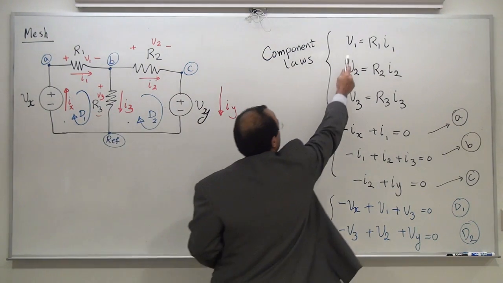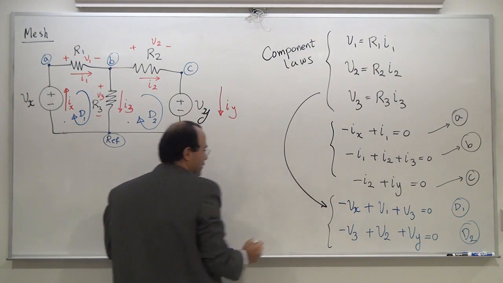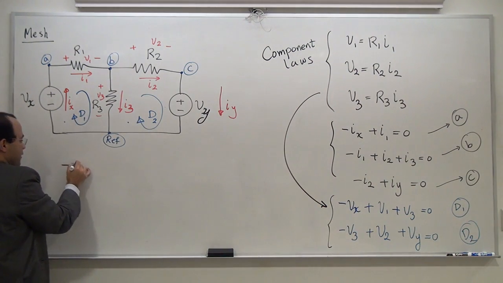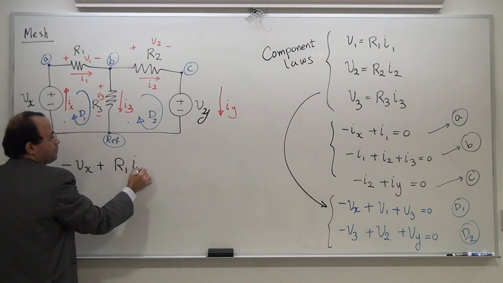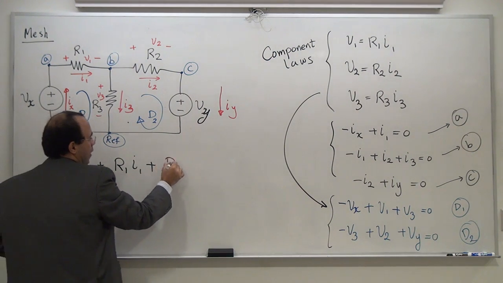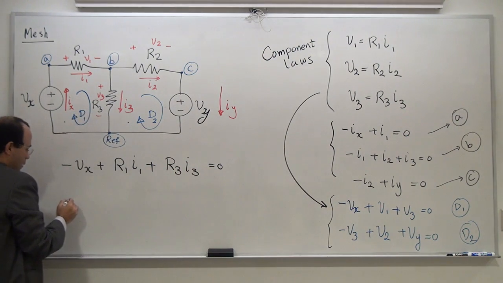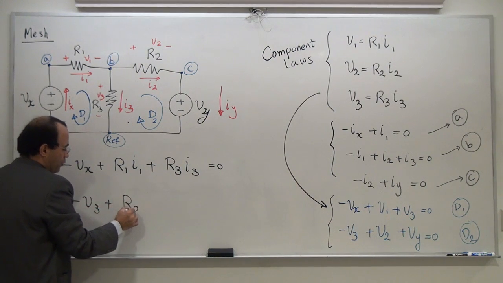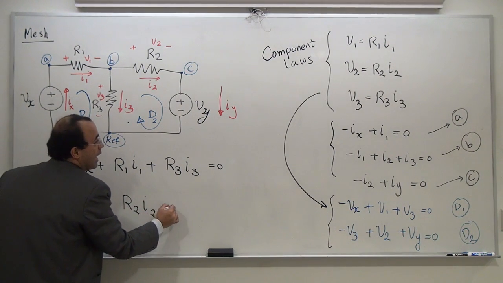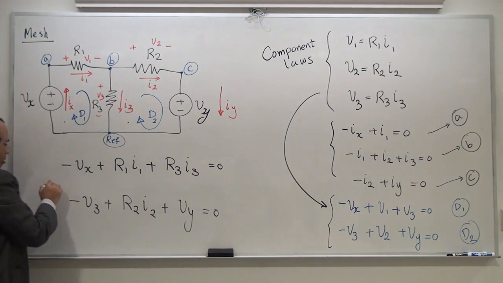Let's first simplify this, and then I'm going to talk about the transformations of variables. Let's pick up V1, V2, V3, and apply them inside this and see what happens. It's minus Vx plus R1 I1 plus R3 I3 equal to 0. Minus V3, V2 is R2 I2, and Vy, I have the value already.